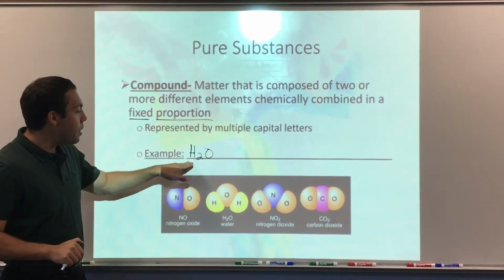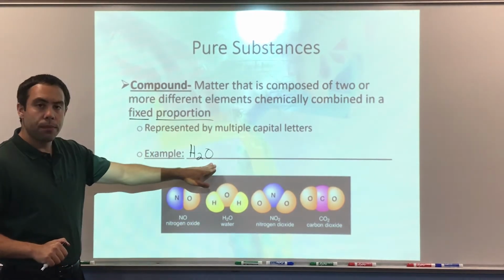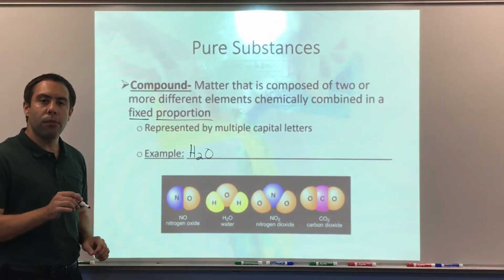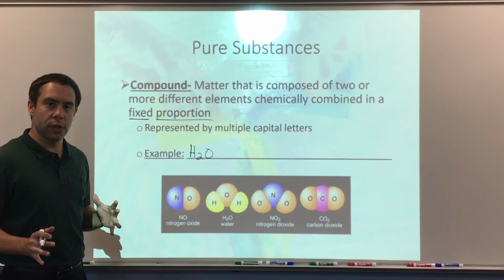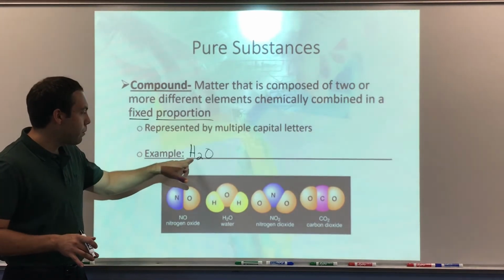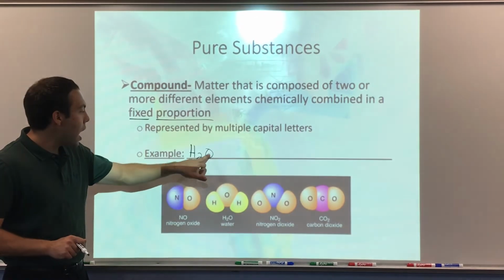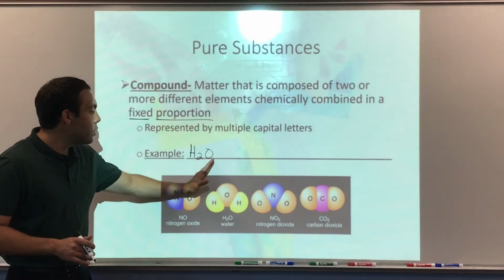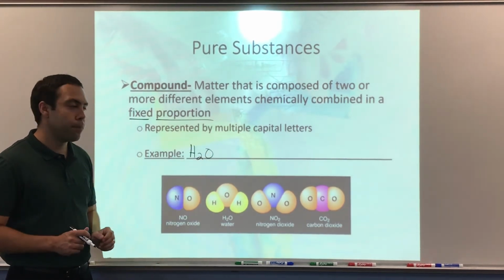We have two capital letters, H and O, and they're in fixed proportion. Every water molecule in the universe will always be two hydrogen atoms and one oxygen atom. Fixed proportion, a 2-to-1 ratio.